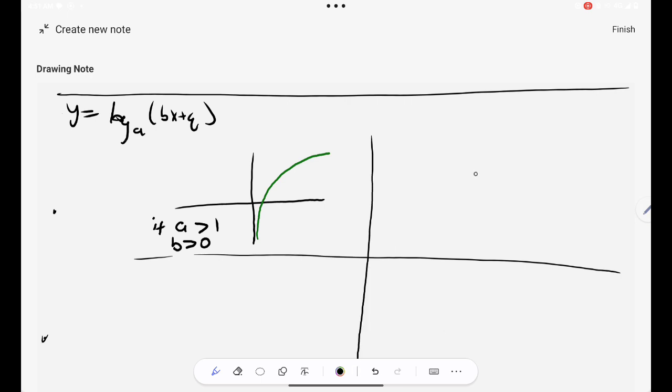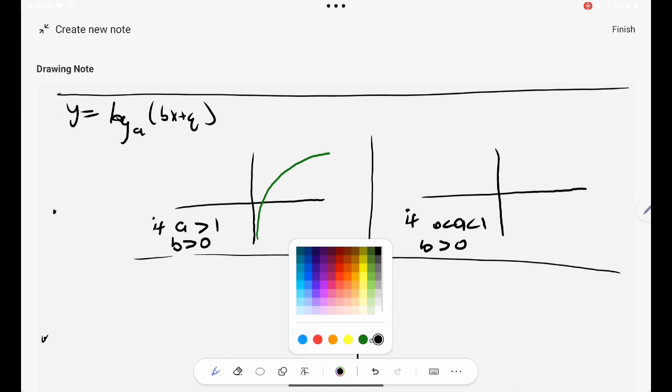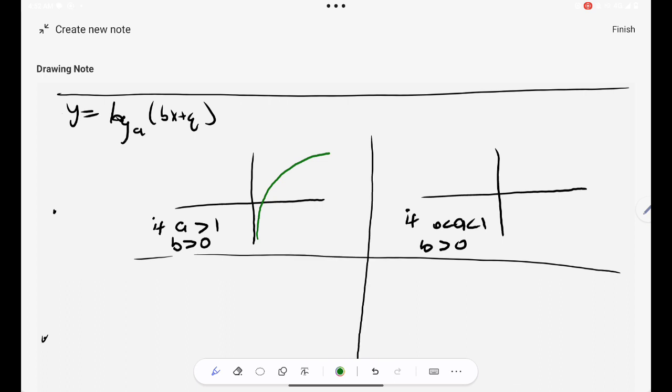But if a is a number which is between 0 and 1 but b is still positive, it simply means yes, our graph will be on the right hand side of the asymptote since b is positive. However, it will be decreasing since a is a number between 0 and 1. Our graph will go like this.